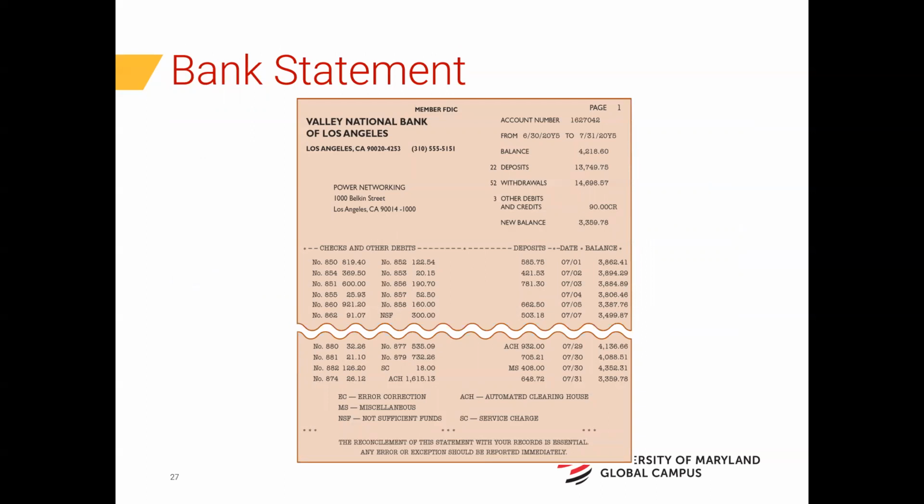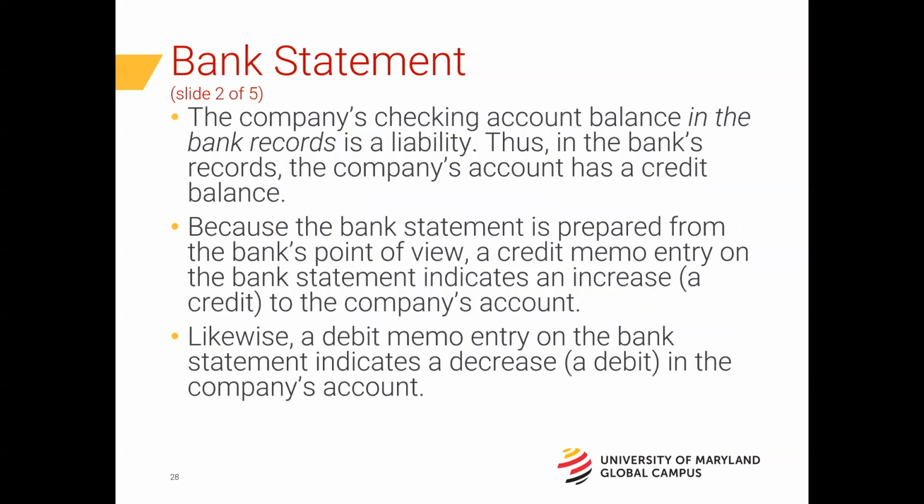Hopefully you've all seen one of these before. The idea behind this record is it shows all of the cash transactions, right? And in that, we are able to reconcile our cash account on our balance sheet to what is in that bank statement at the end of each month.